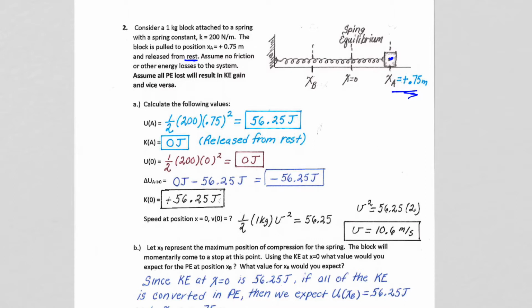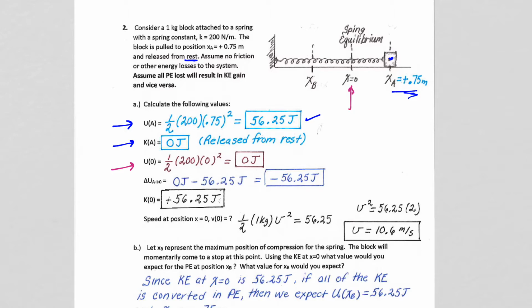So we have 1/2 kx squared, 56.25 joules of potential energy stored. The kinetic energy initially is 0 because it's released from rest. We then have no potential energy at position 0.